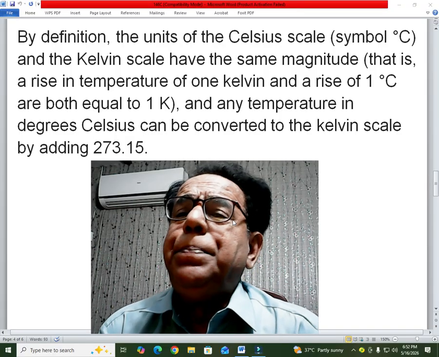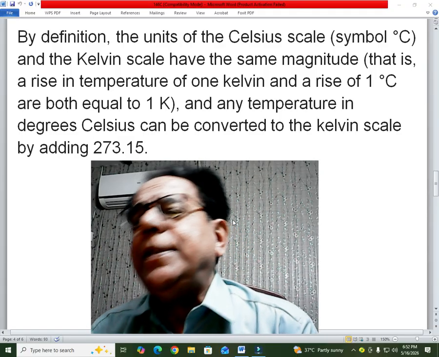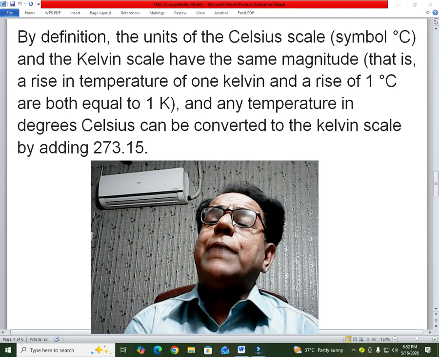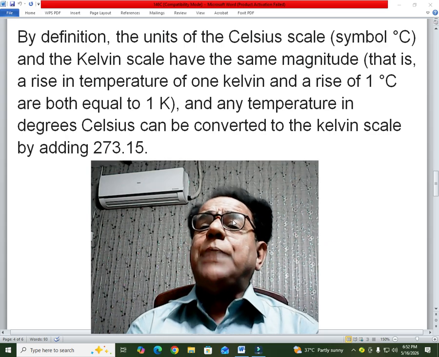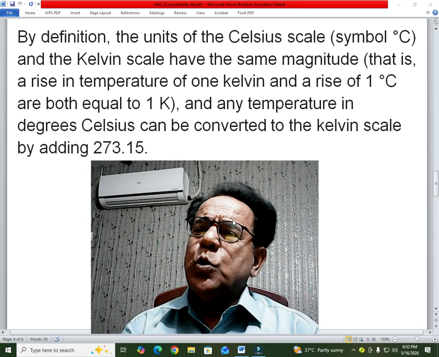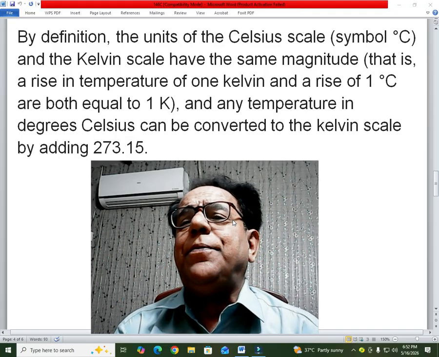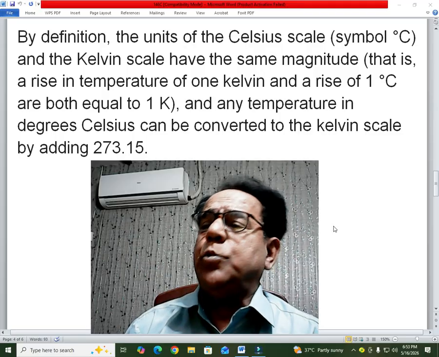Any temperature in degree Celsius can be converted to Kelvin scale by adding 273.15. But here we will not convert this Celsius into Kelvin, because in magnitude 1 Celsius and 1 Kelvin are equal.